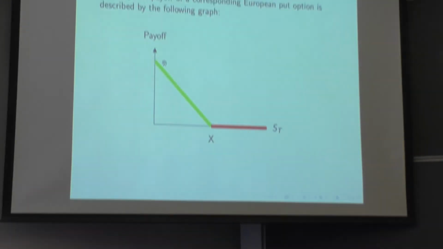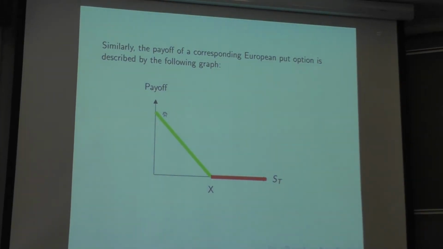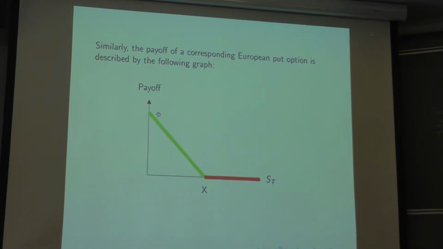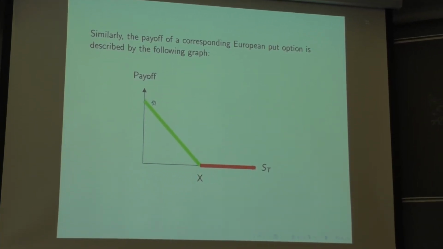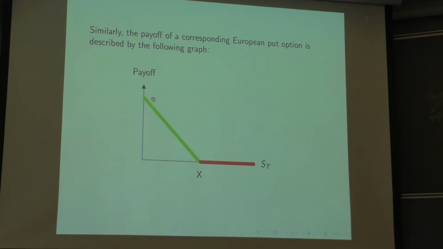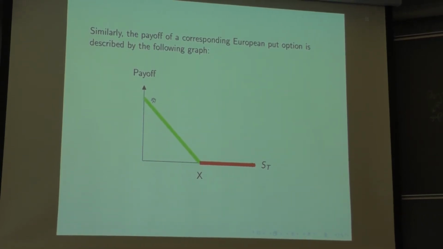Okay. So what are we going to be spending our next few weeks doing? We're going to ask ourselves, here's a piece of paper that gives you this payoff contingent on the underlying asset price you're going to observe in the future, which is something we don't know now. It's a random variable, which we're going to study in some detail.